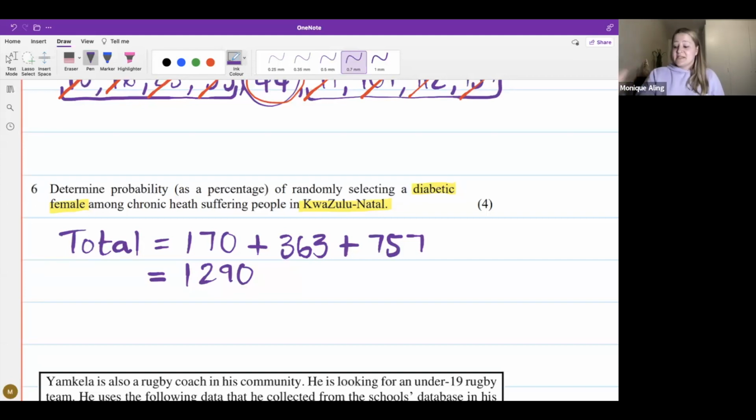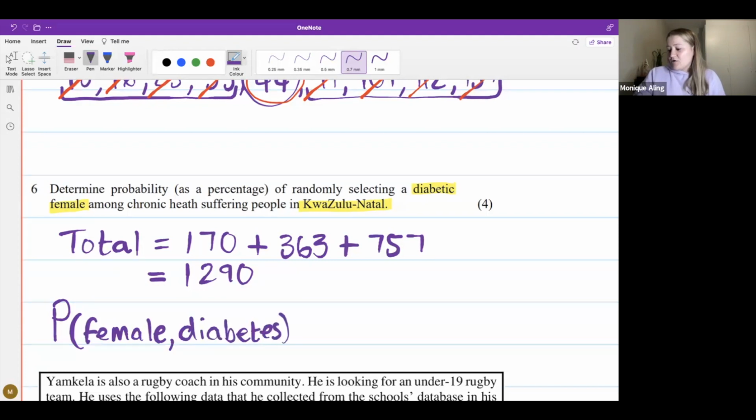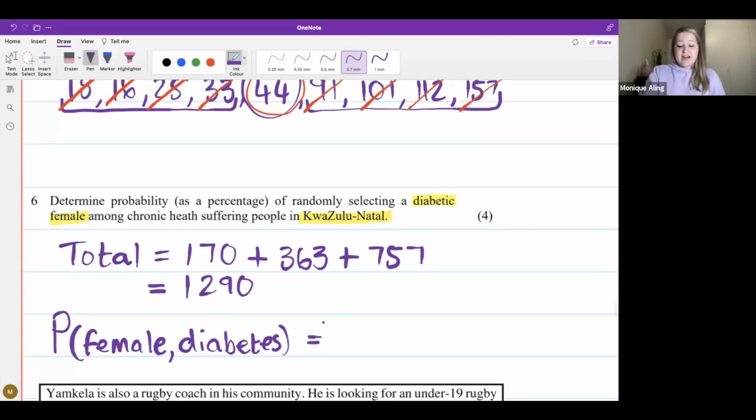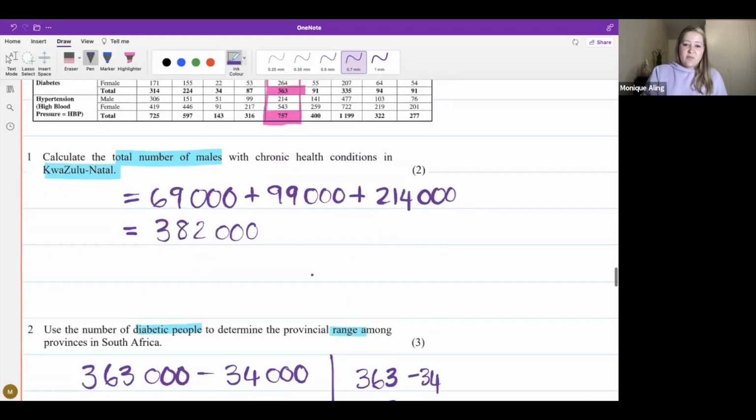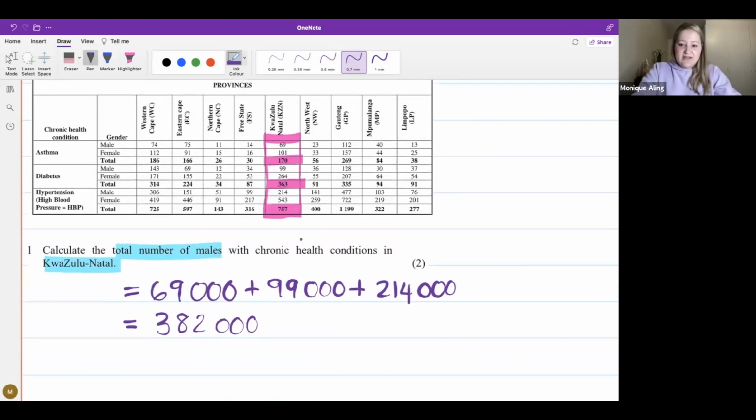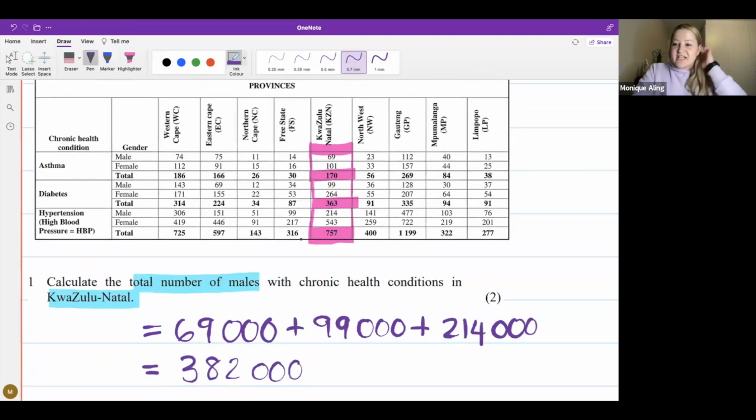But now we want to know specifically the probability of picking a female with diabetes. So we go and check how many females do we have that have diabetes? Go back, sorry, it is maybe hard to keep up with the scrolling up and down.